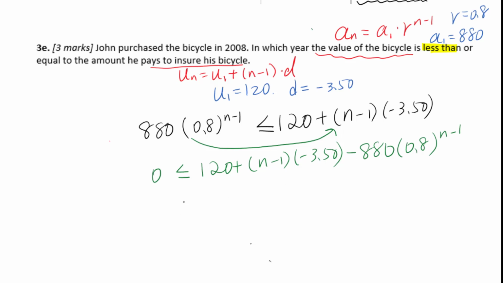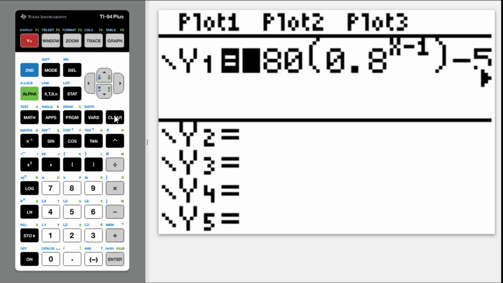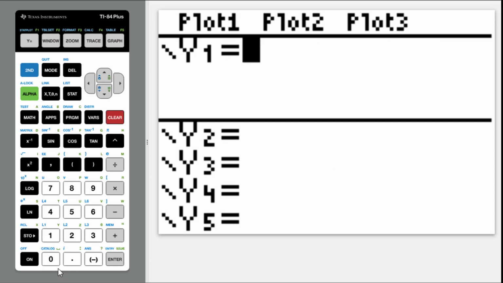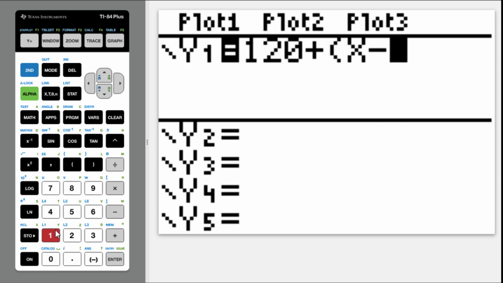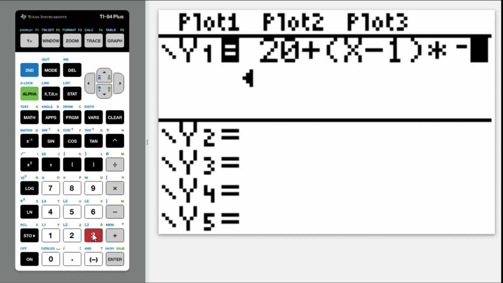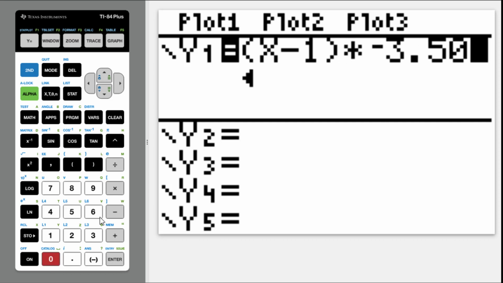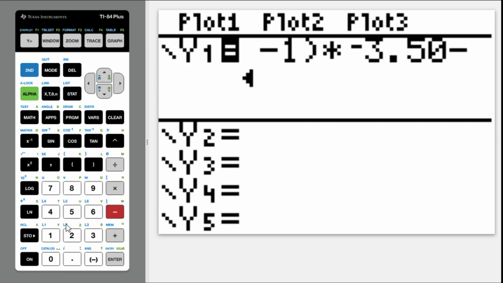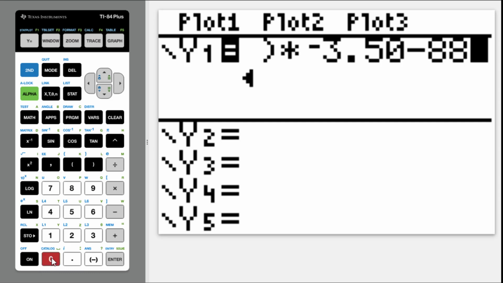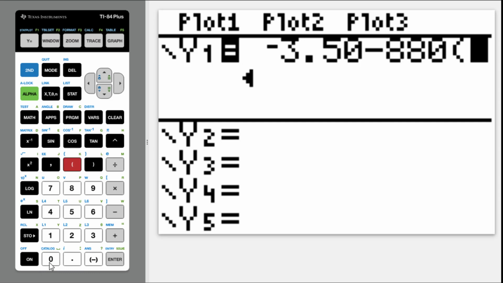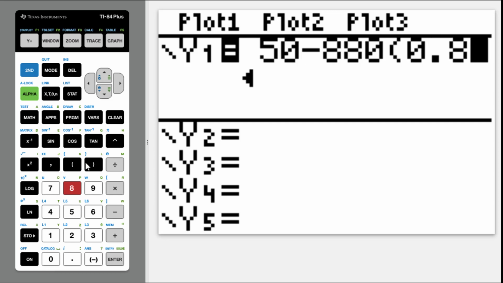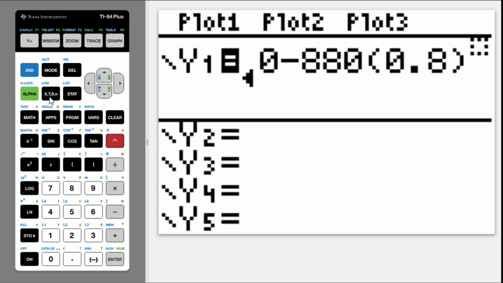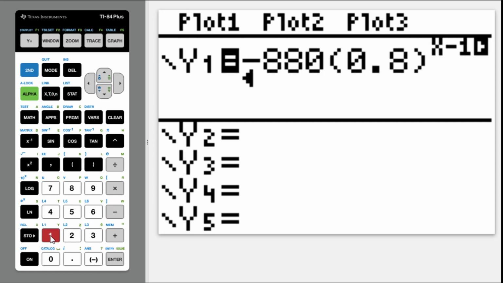Then we go to the calculator. First, we will put into y1: 120 plus x minus 1 times negative 3.50, then minus 880 times 0.8 to the x minus 1 power.